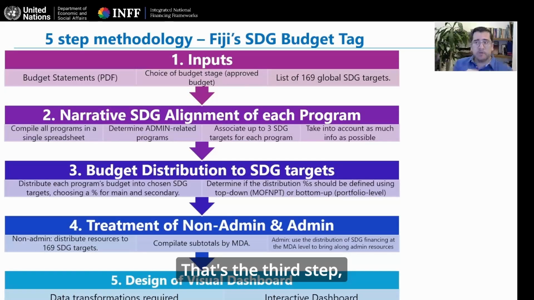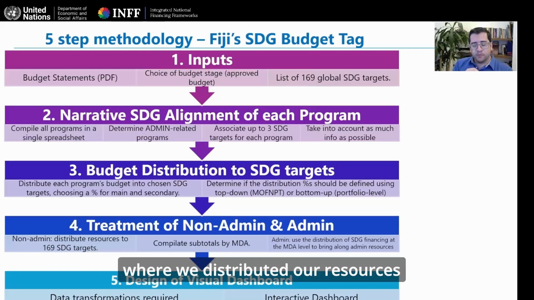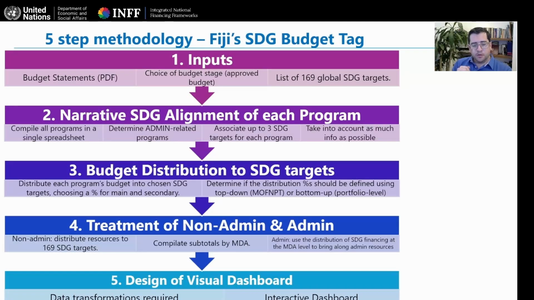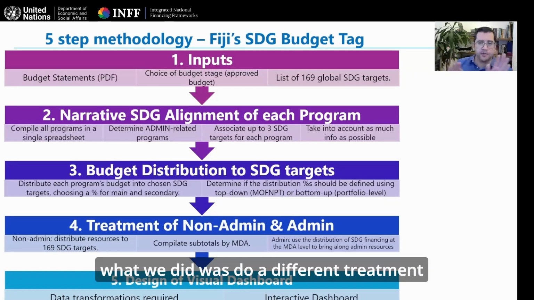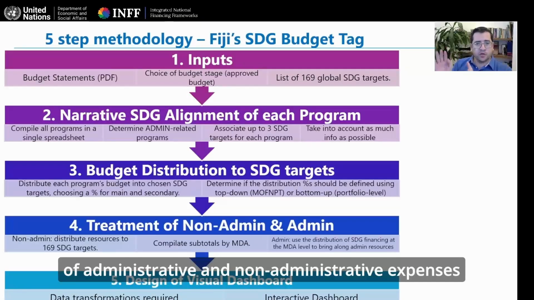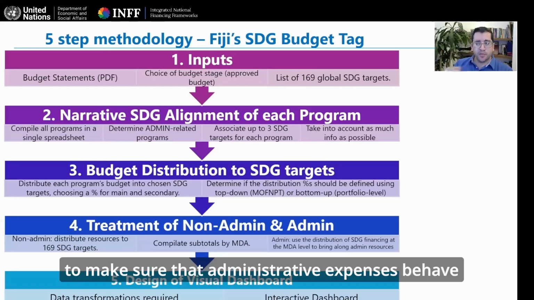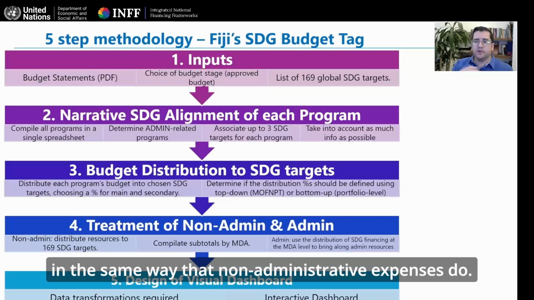That's the third step, where we distributed our resources into the different SDG targets. And in the fourth step, what we did was a different treatment of administrative and non-administrative expenses to make sure that administrative expenses behave in the same way that non-administrative expenses do.